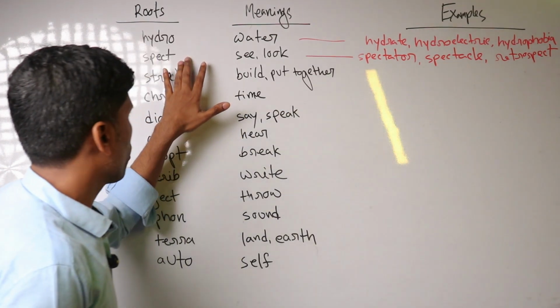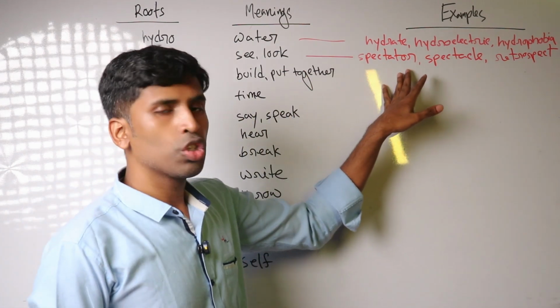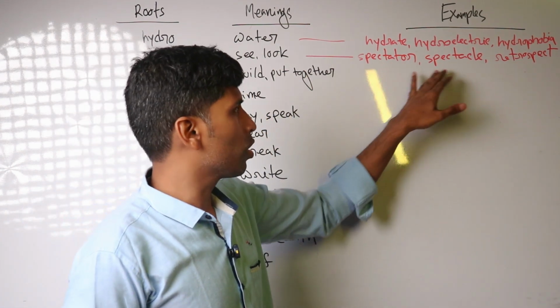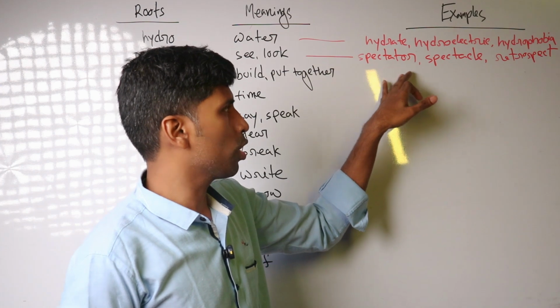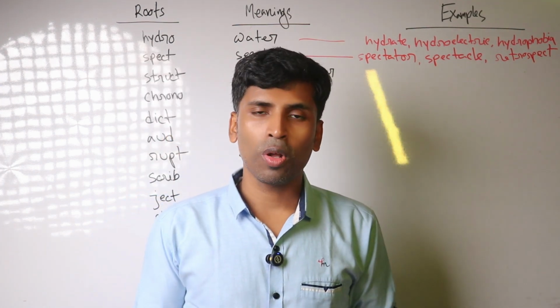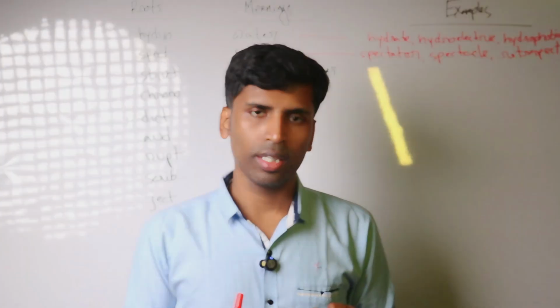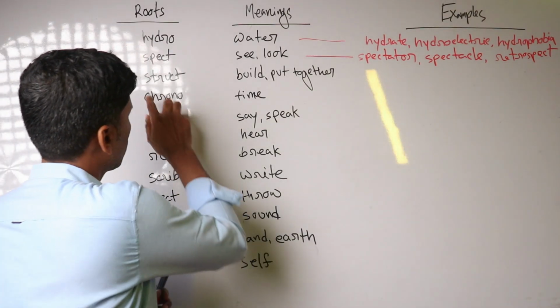If you are familiar with this root, it enables you to work out the meanings of these words. Even if these words were totally new to you, you would somehow be able to know at least part of what they mean.